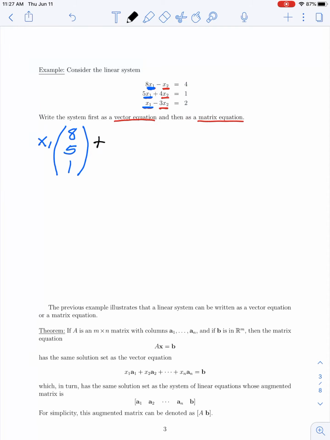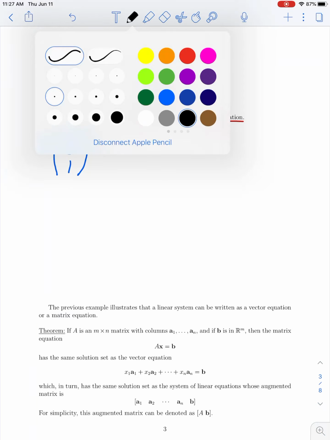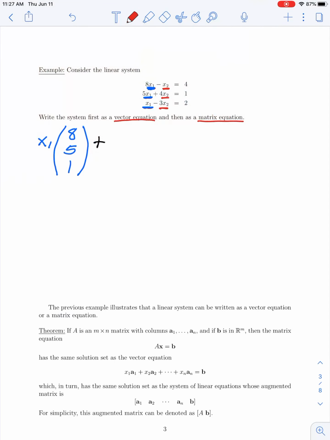another vector, or constant multiple of a vector, where the weight of that vector is the variable x2. So if I factor out an x2 from each of these equations, then I'm multiplying by the vector whose entries are the coefficients of x2 in each equation. So for my first equation, we had a coefficient of x2 as -1. For the second equation, we had 4x2, and for our third equation, -3x2.